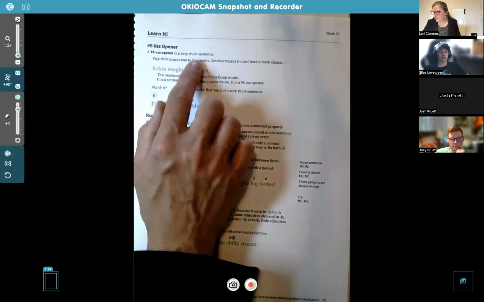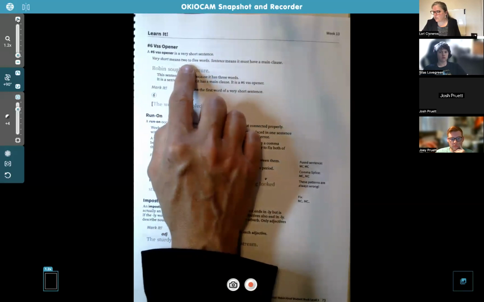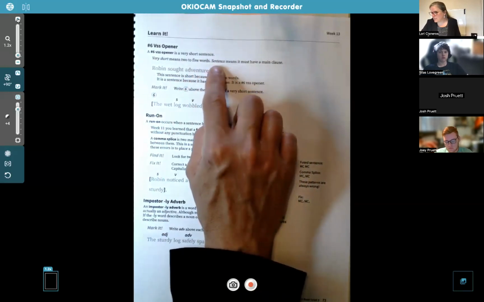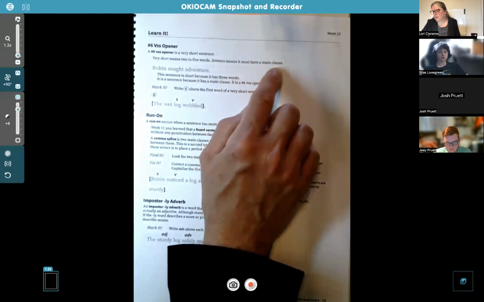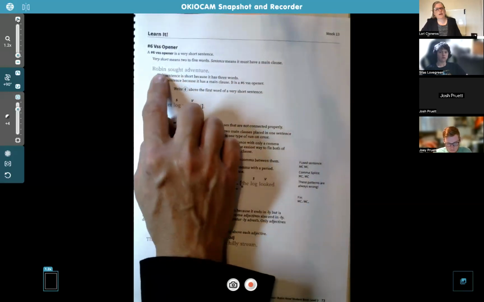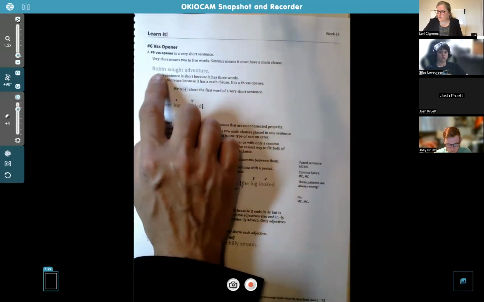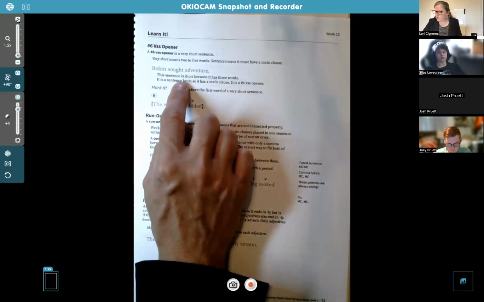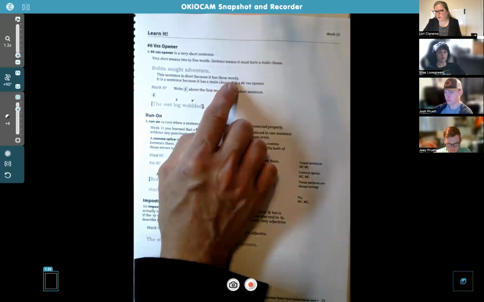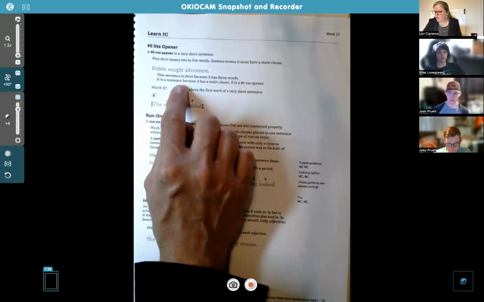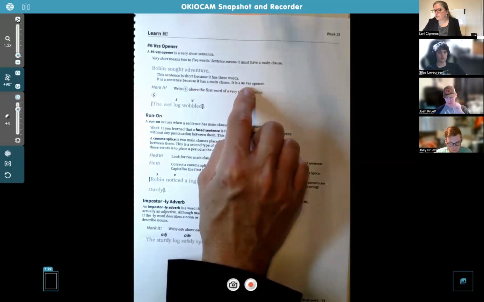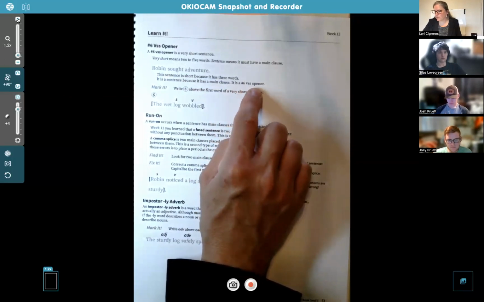But a very short sentence is 2 to 5 words. Sentence means it must have a main clause. Here's an example of a 3-word sentence. Robin sought adventure. This sentence is short because it only has 3 words, and it is a sentence because it has a main clause. It is a very short sentence, or VSS opener, number 6.